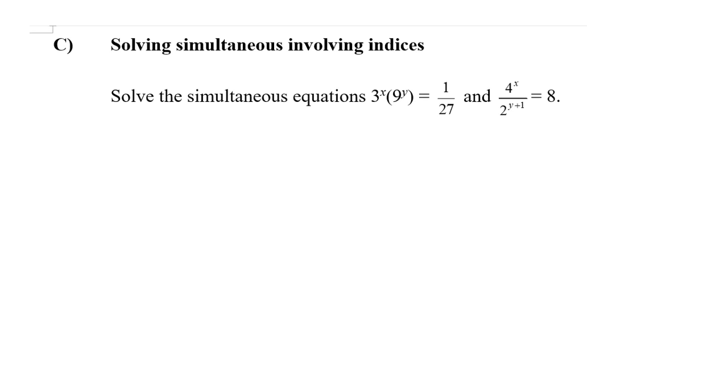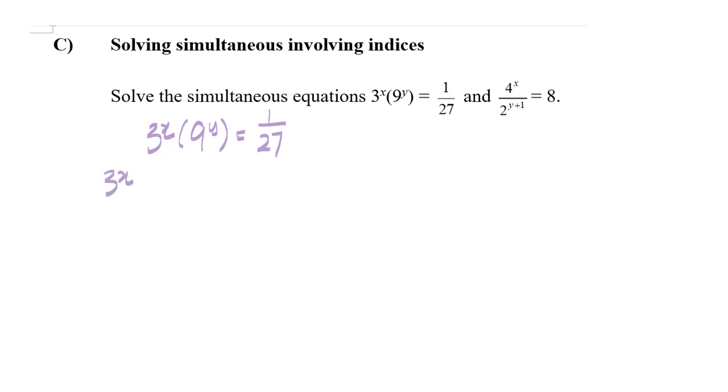Okay, so how do we go about doing it? So let's look at the first question. So if you look at the first equation, one likely method that we'll be using is to express everything to base 3.